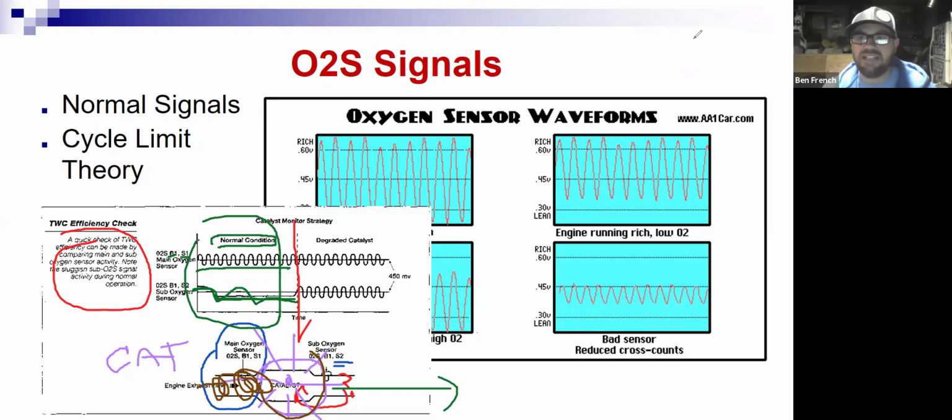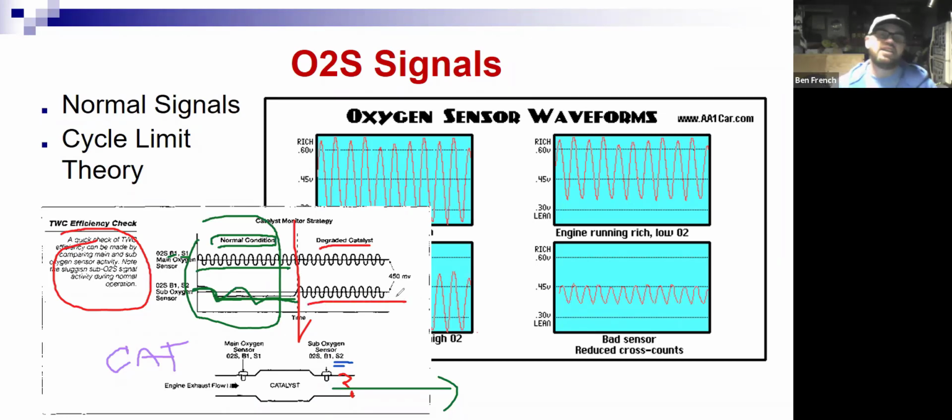When the catalytic converter is degraded, when the precious metals are all consumed on the inside, well, then what happens is the O2 sensor before the cat and the O2 sensor after the cat, they look the same. And that's how the computer knows that, hey, these things are pretty much the same. They're both cycling at the same frequency.